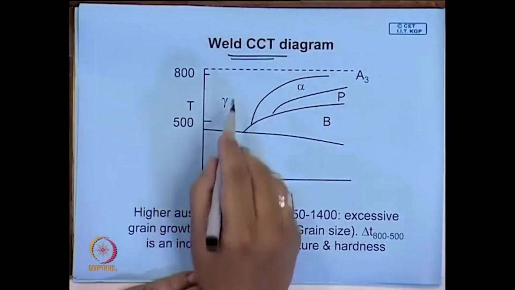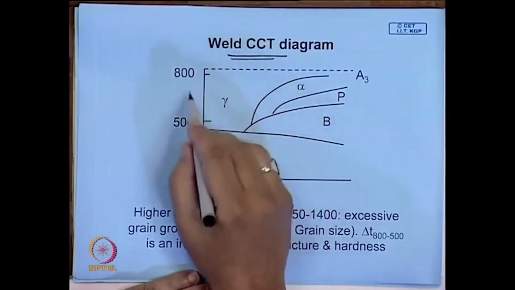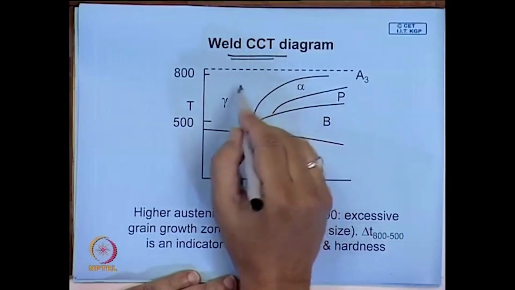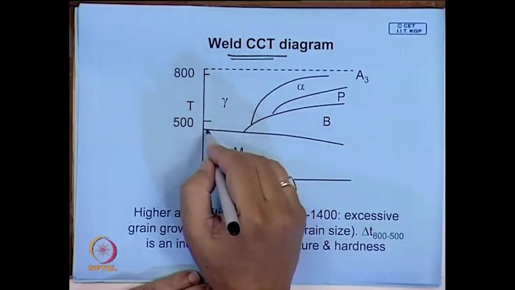But here the transformation, by and large for most steels, the range in which the diffusion controlled transformation takes place is around 800 to 500.